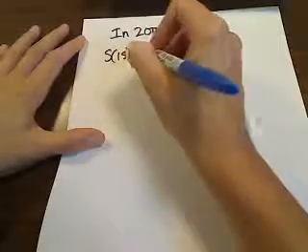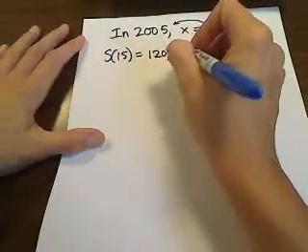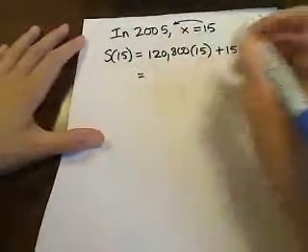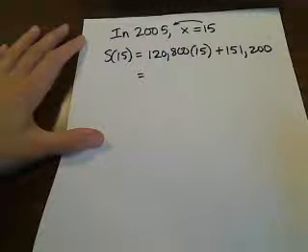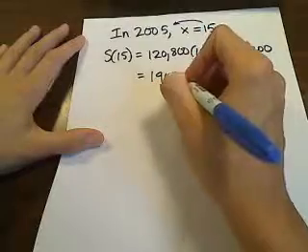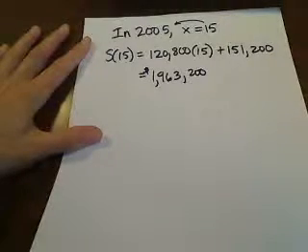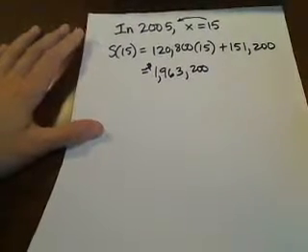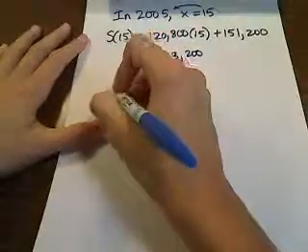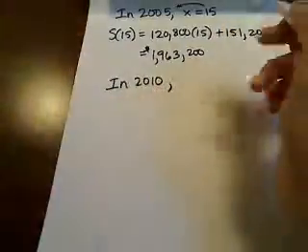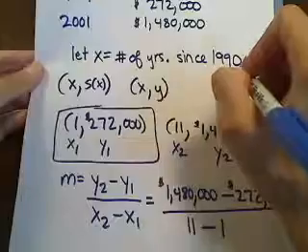If I plug 15 in for my x and do the math, I'm going to get 1,963,200. I wouldn't mind making that much money per year. And then in 2010, remember how it's defined: number of years since 1990.